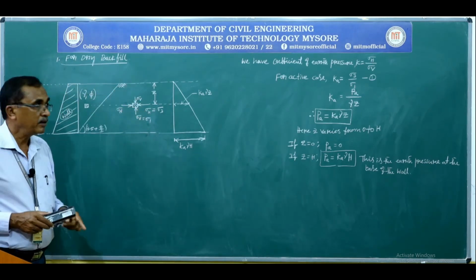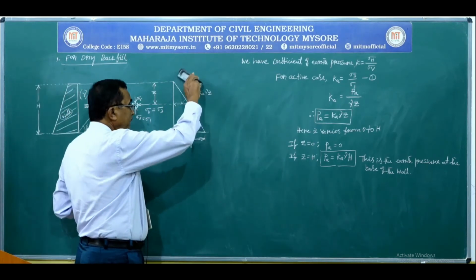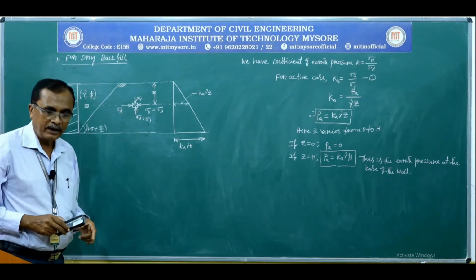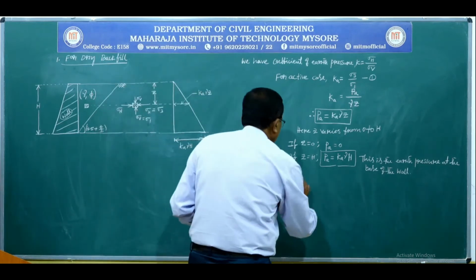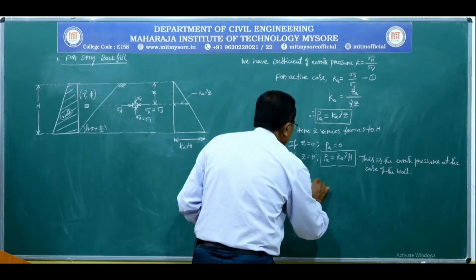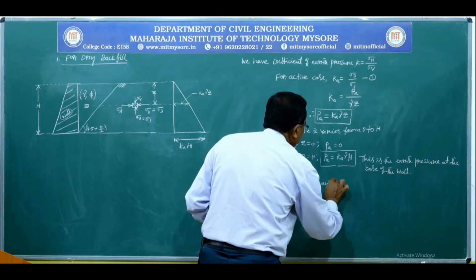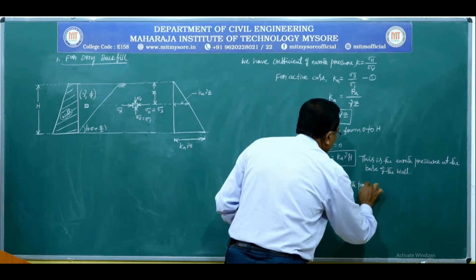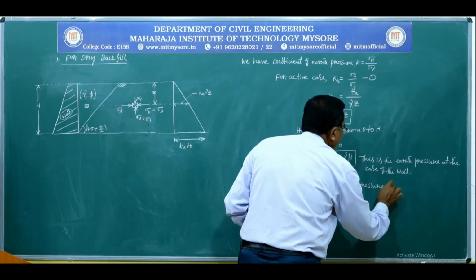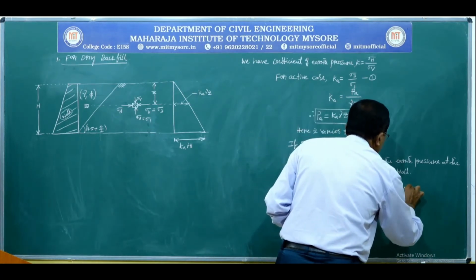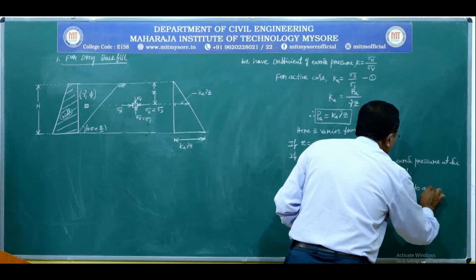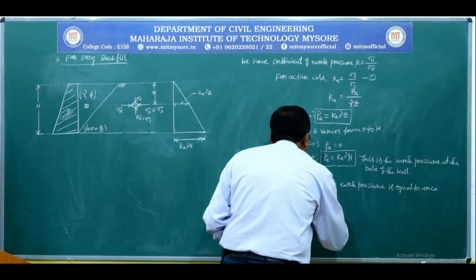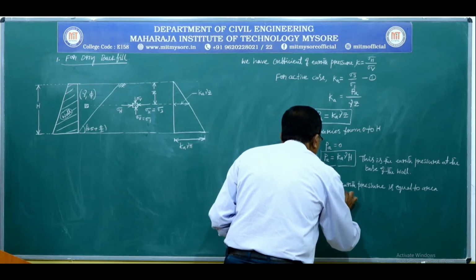After drawing the pressure distribution diagram, the total active earth pressure acting on the wall is equal to the area of the pressure distribution diagram.